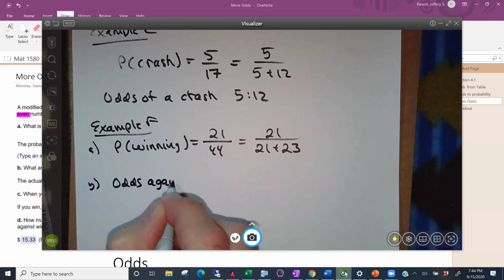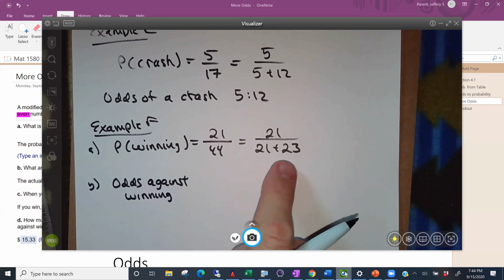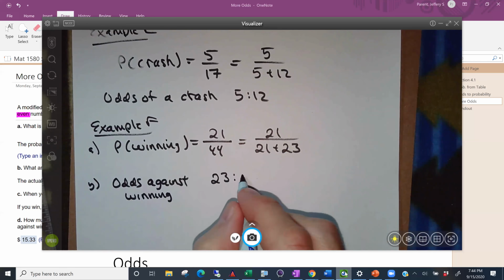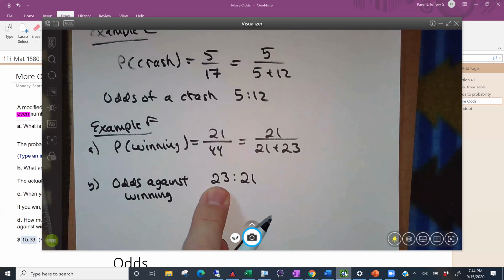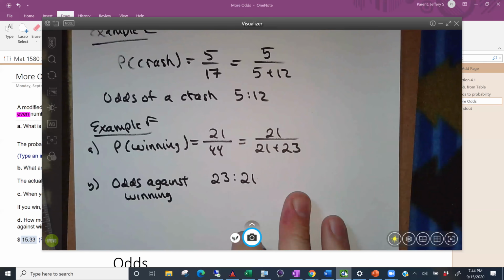So for our part B here, the odds against winning will be the number of ways that you can lose, 23 colon 21. Number of ways you can lose against the number of ways you can win. We did kind of the opposite up here.